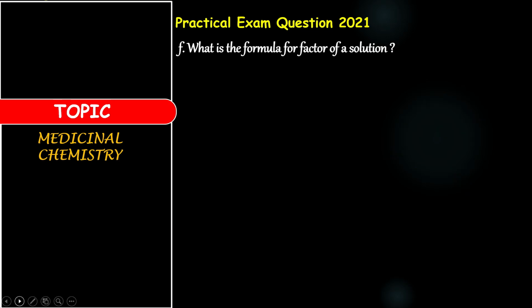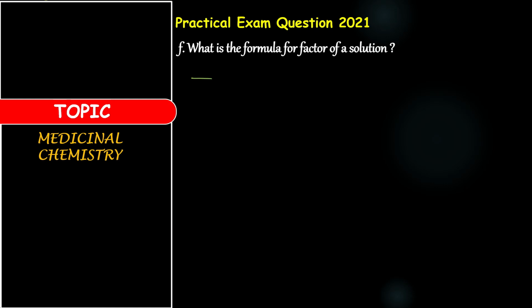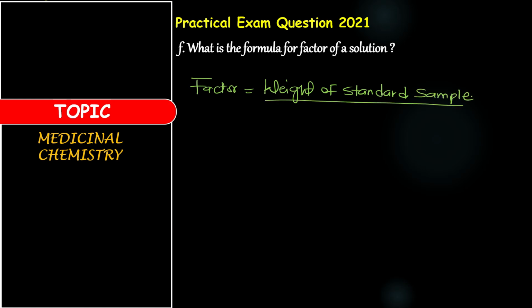What is the formula for the factor? Factor is equal to weight of standard sample all over milli equivalent times titer value.